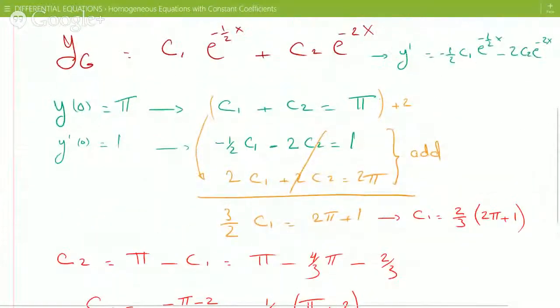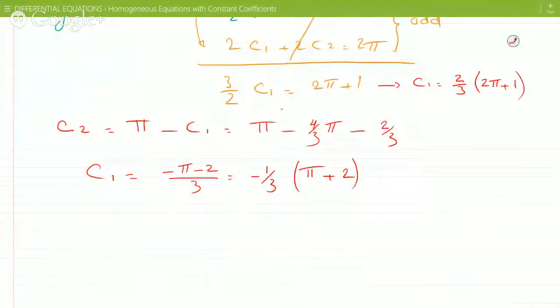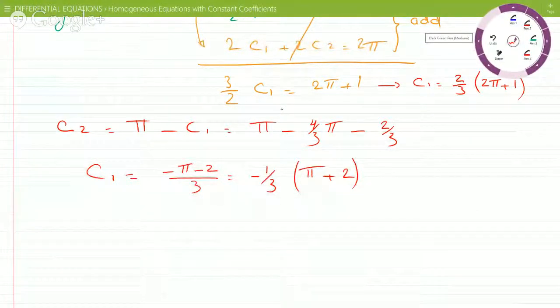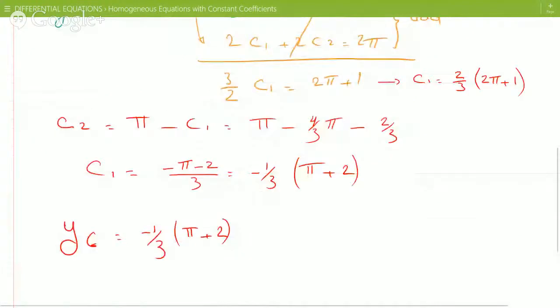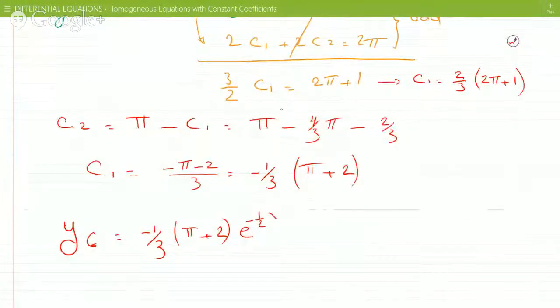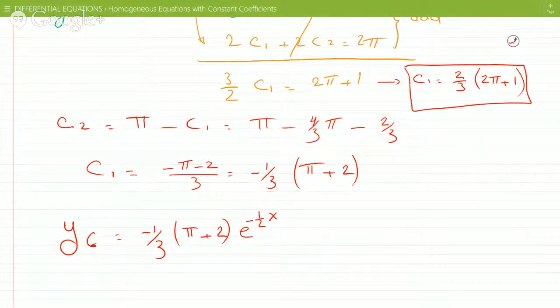So those are the constants, and we substitute them back into the solution to get y general to be C1 times e to the minus half x plus C2. So let's move this.